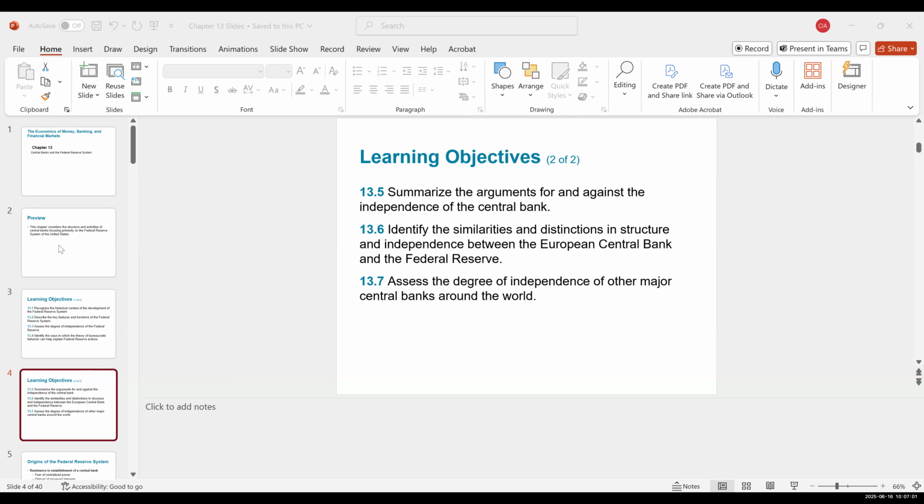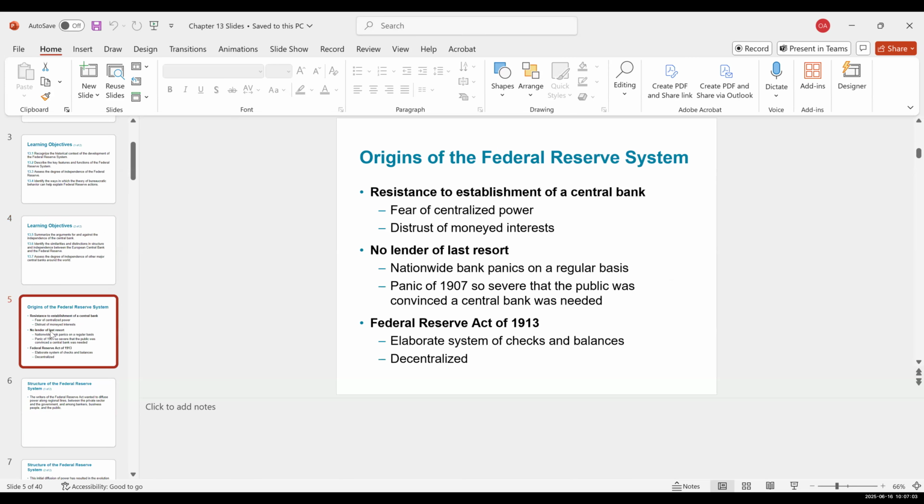Okay. So let's start talking about the origins of the Federal Reserve System. There's a little bit of historical context here. America was formed as a free market society, right? Capitalism, where we allow the private sector to take hold of the economy for the most part with limited government.